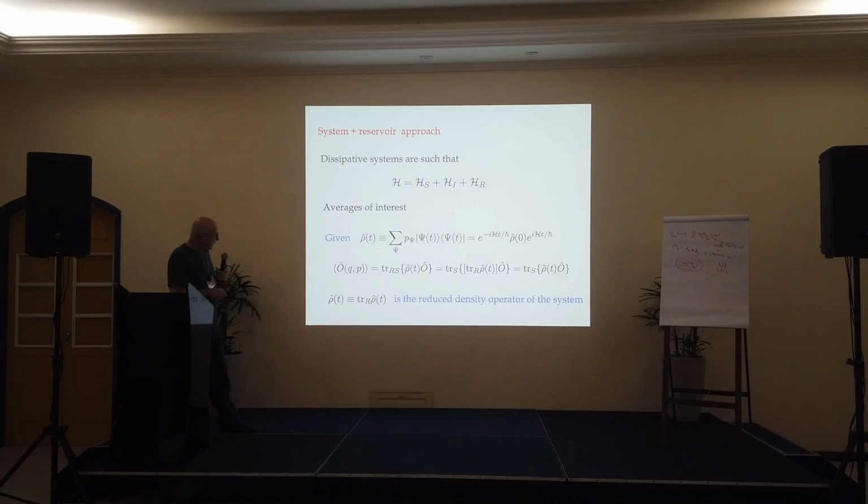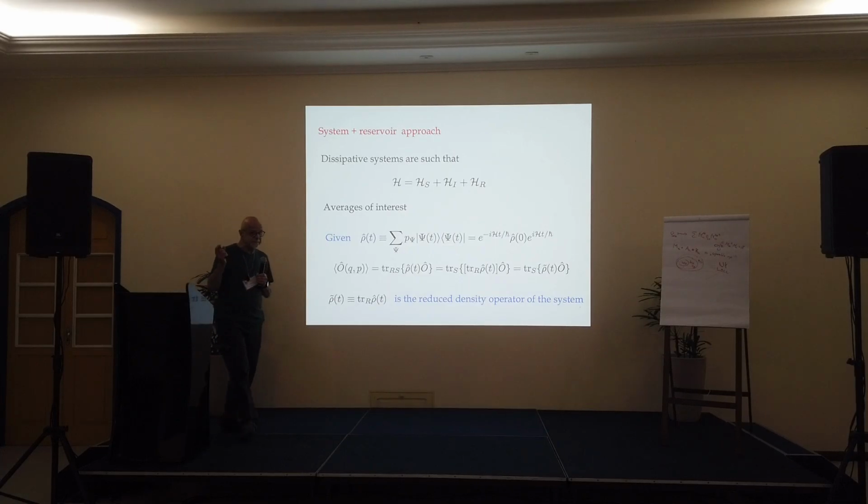If I want to focus on variables of the system only, for instance the coordinate and momentum, what we have to do is take the trace over rho of t times the operator O. Since the operator does not depend on the coordinates of the environment, we can trace first over the environmental coordinates, and we end up with rho twiddle, the reduced density operator of the system.